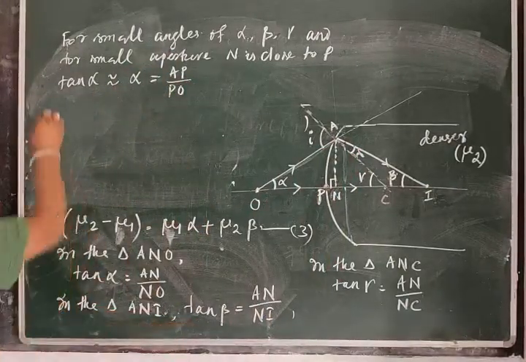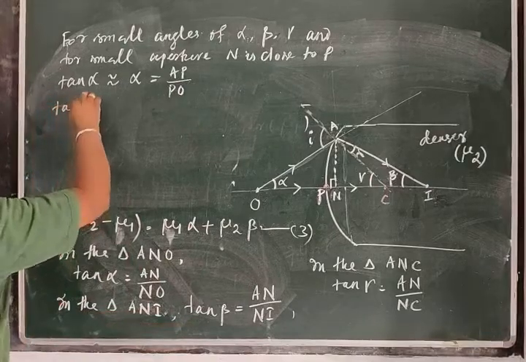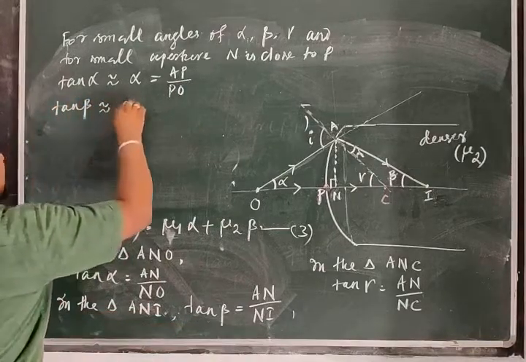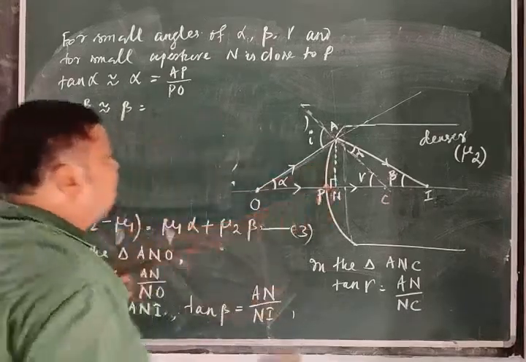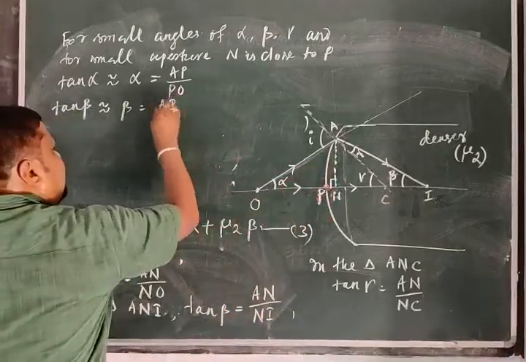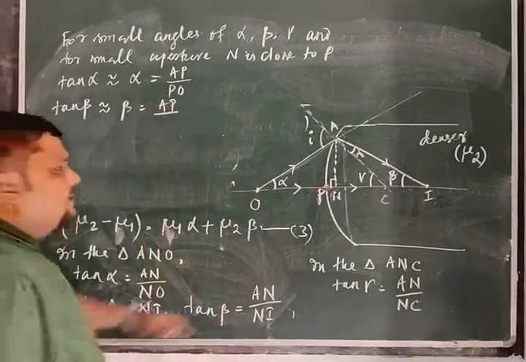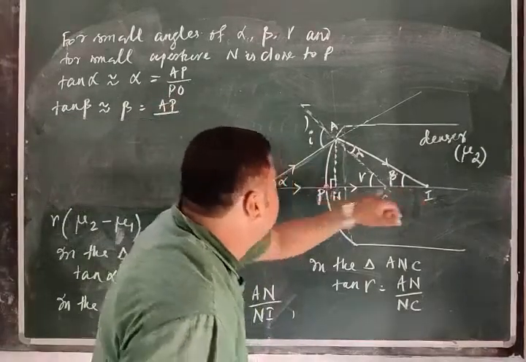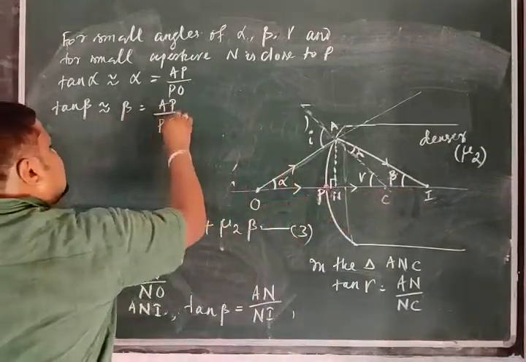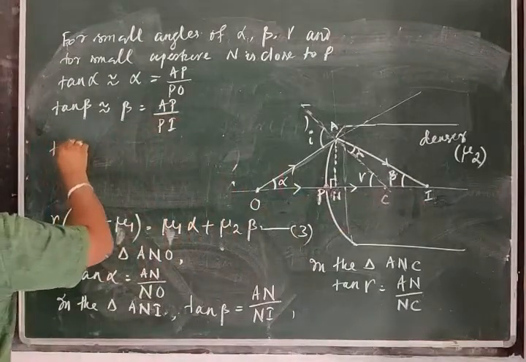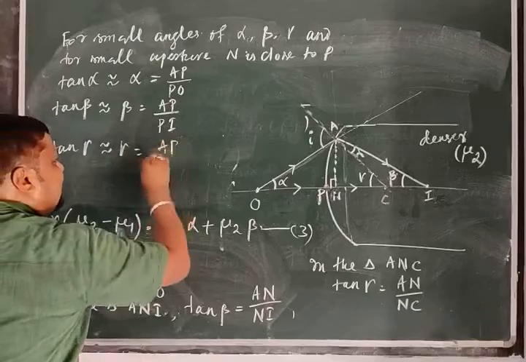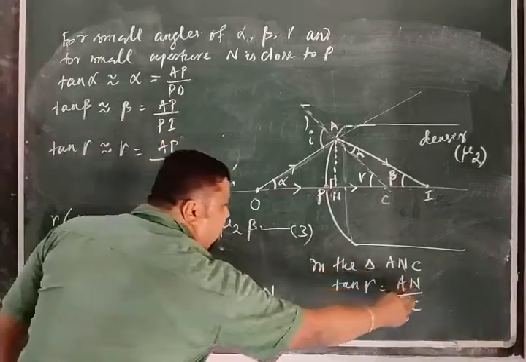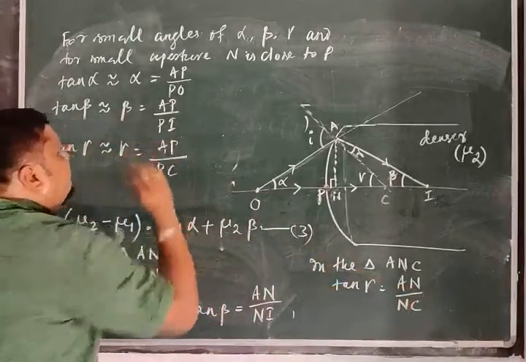Similarly, tan beta, which is beta for small angles, is AP divided by PI. Similarly, tan gamma is equal to gamma, which is equal to AP divided by PC.